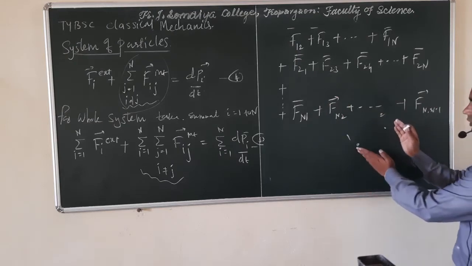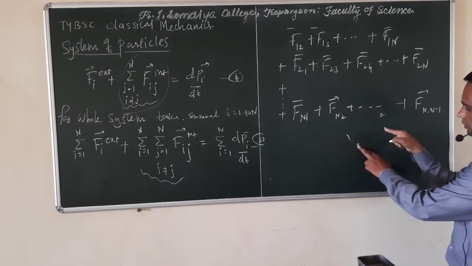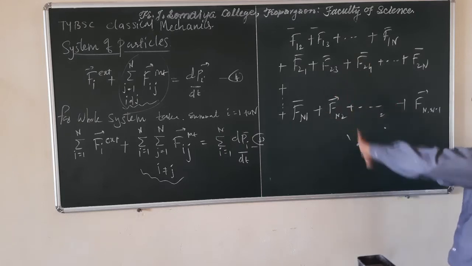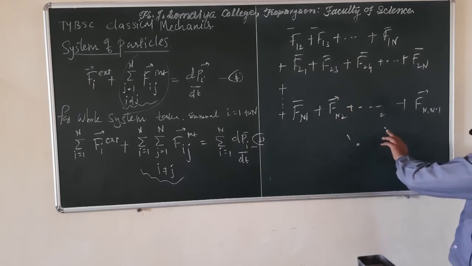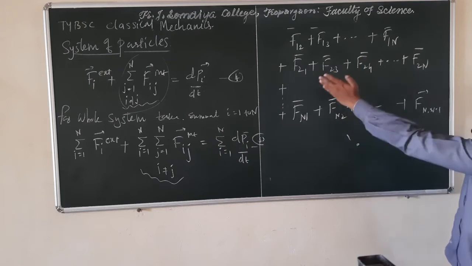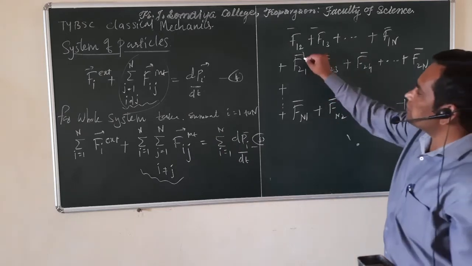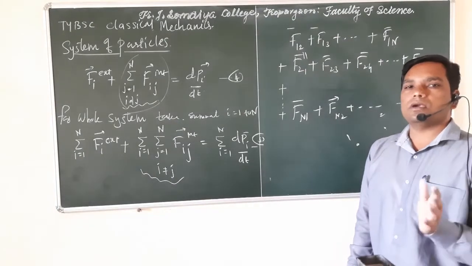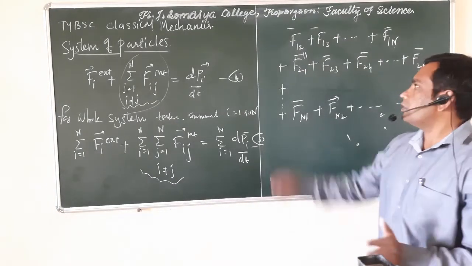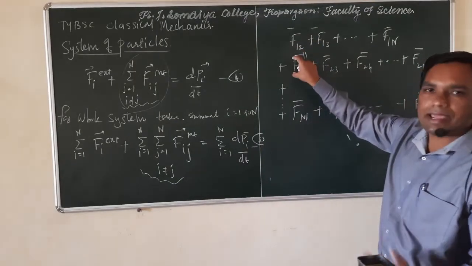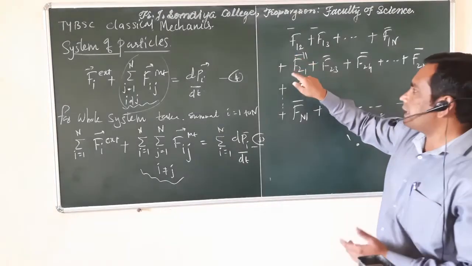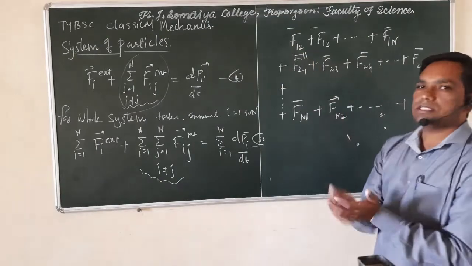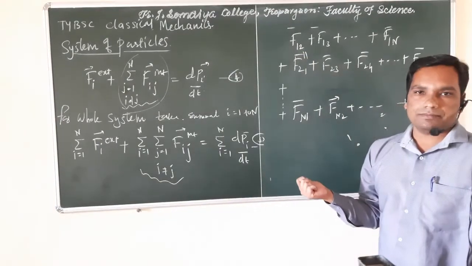And we know that if force acting on first particle due to second particle is F12, and conversely force acting on second particle due to first is F21, then these two forces must be equal and opposite from Newton's third law of motion. Why? Because this is the action force, and this is the reaction force. These two forces are equal and opposite.